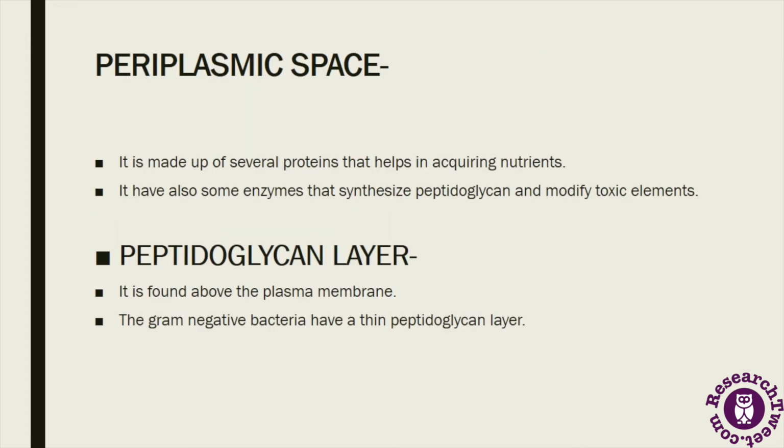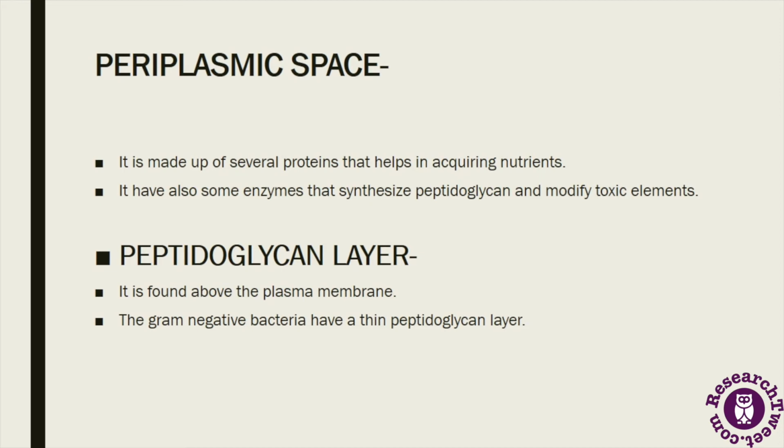Now let's discuss the different components of the cell wall of the bacteria. The first component is the periplasmic space. In gram-negative bacteria, this periplasmic space is larger as compared to gram-positive bacteria.